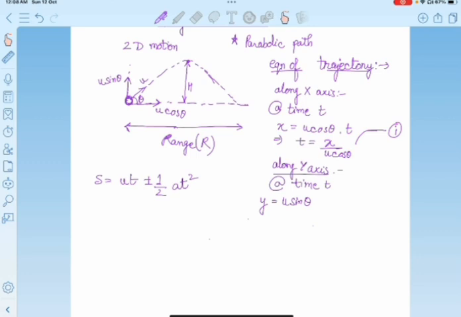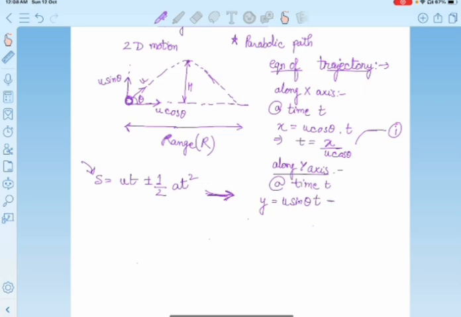It's a pretty common equation. The similar thing we are applying here. Here s is y. The initial velocity is u sine theta into t, minus.